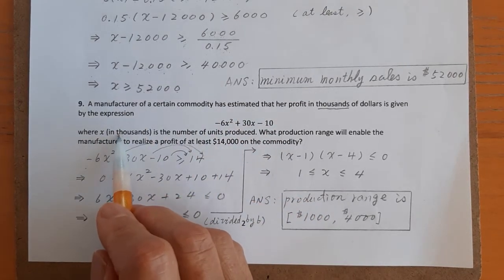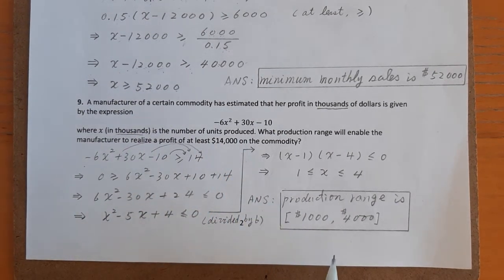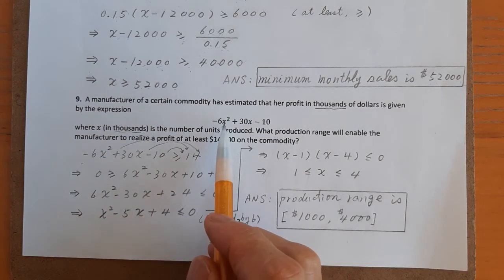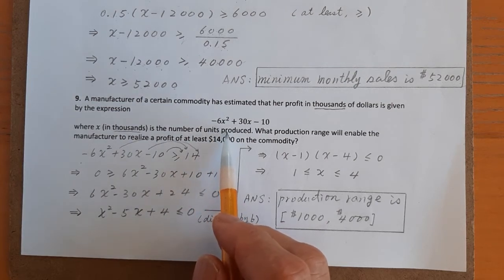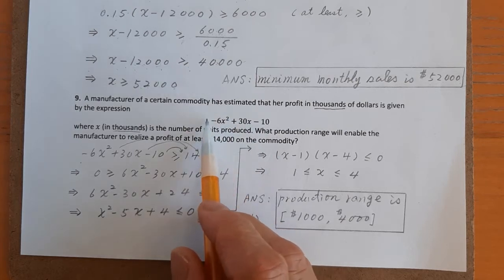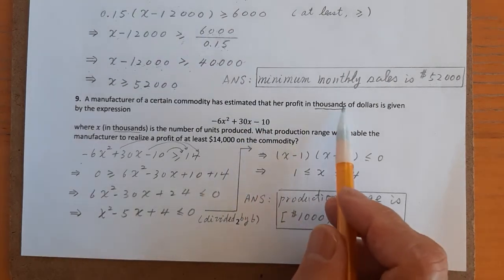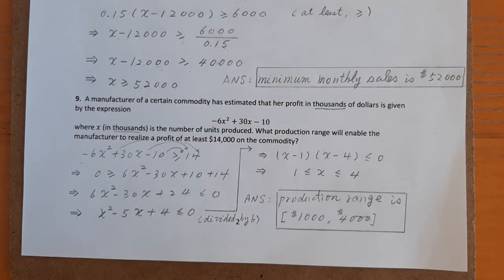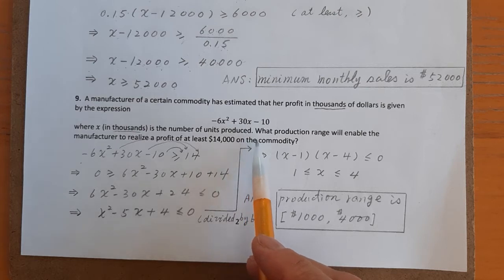X is also in thousands, the number of units produced. So this expression gives how many thousand dollars if she produces x thousand units. The manufacturer's profit is negative 6x squared plus 30x minus $10,000 for x thousand products.